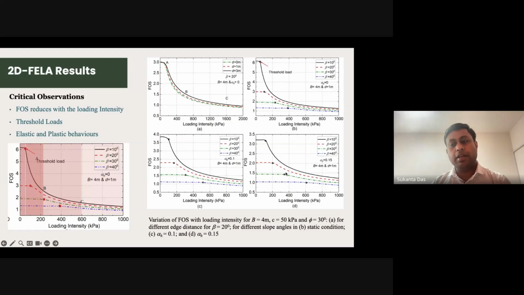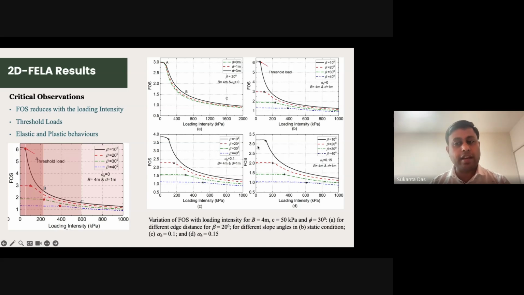So further we increase the seismic coefficient to see the effect of intense earthquake loads, and we try to get all the trends and how the threshold load is increasing or decreasing. So we can see that when we further increase the seismic coefficient, the factor of safety, the stability, is again reduced.